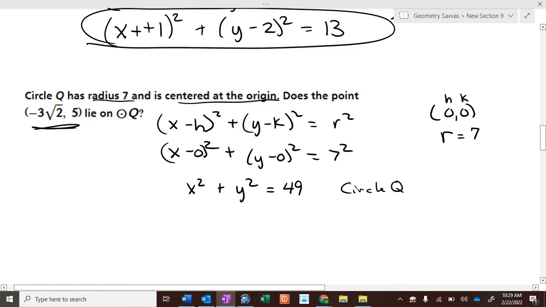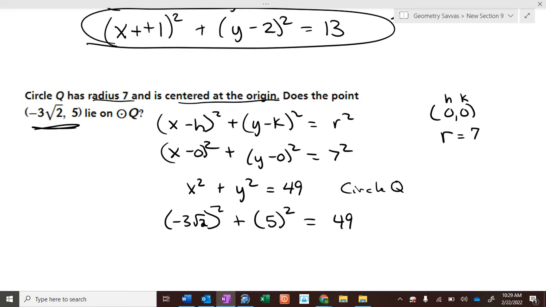Now we've got to know if that point lies on circle Q. Is that part of circle Q? So we take the x and we square it. We take the y and we square it and check if it's equal to 49. Okay, what is negative 3 squared times the square root of 2 squared? 9.